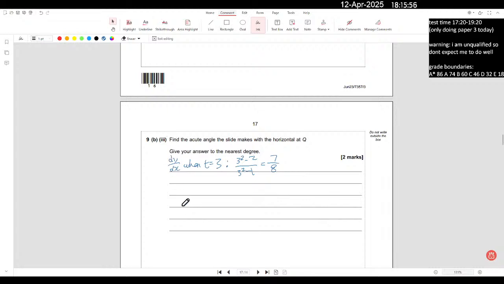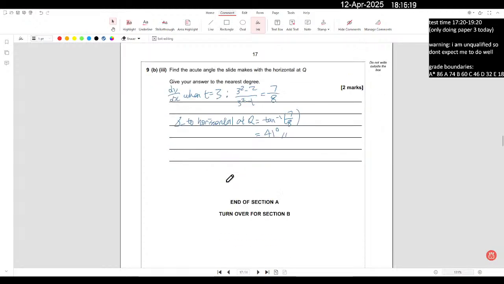The acute angle at Q is just tan inverse of 7 over 8, which is 41 degrees to the nearest degree.